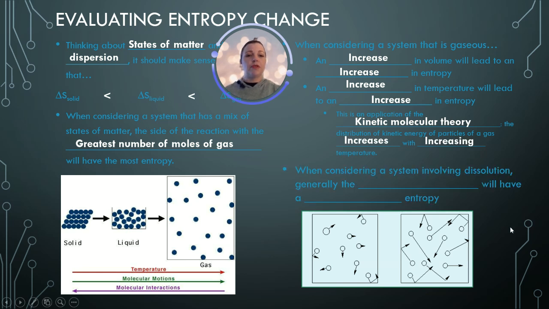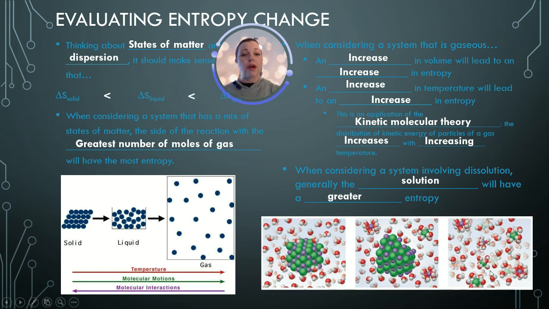When you consider a system involving dissolution, it gets a little bit more nuanced. If you remember back from the last topic in Unit 8, when we talked about the free energy of dissolution, there are actually several different parts that you have to take into account. The solute has to separate, the ions have to separate from each other, and then the solvent has to rearrange around the solute.